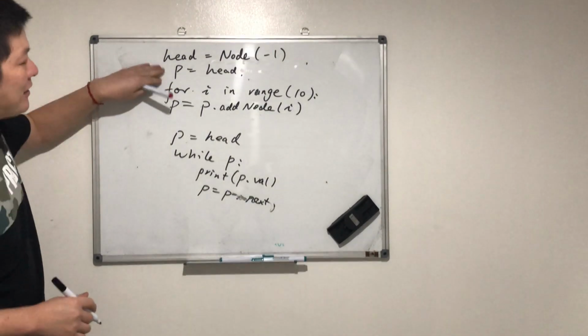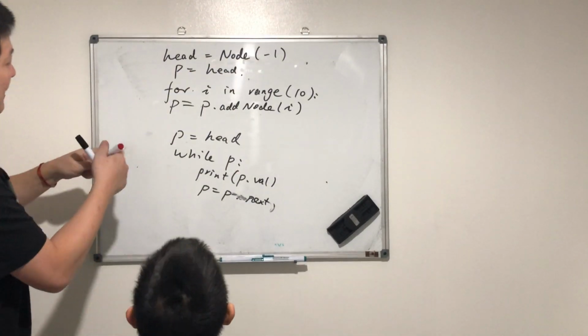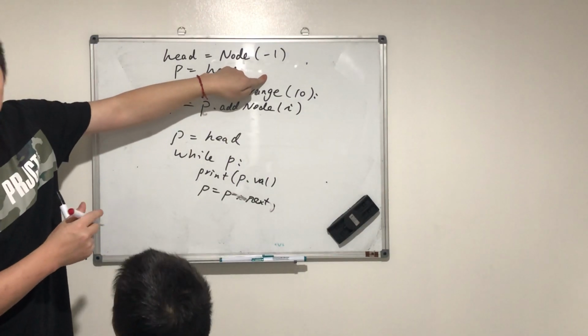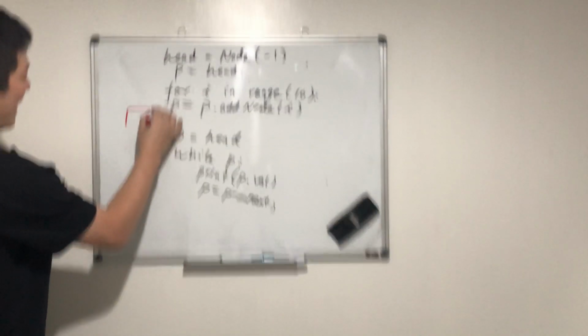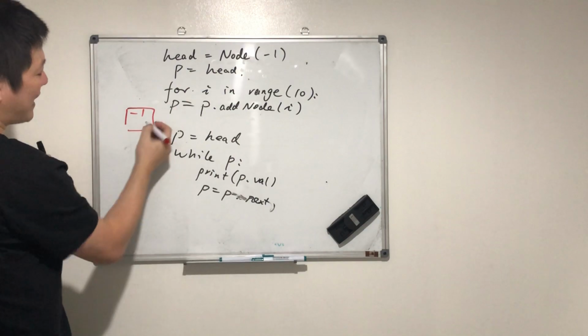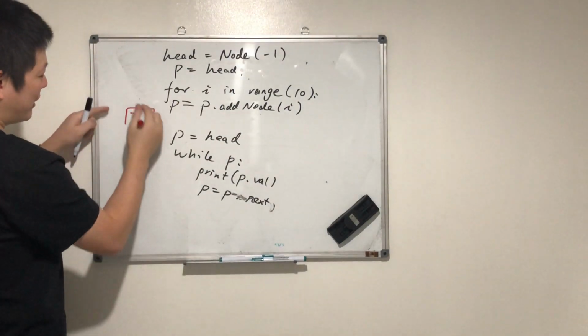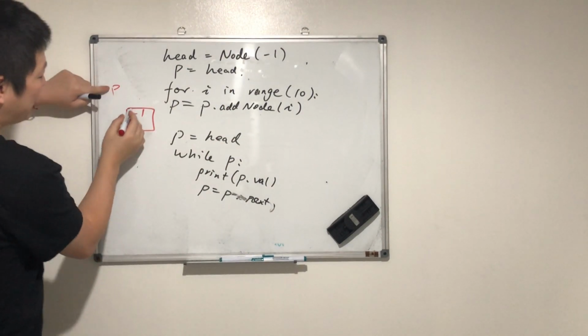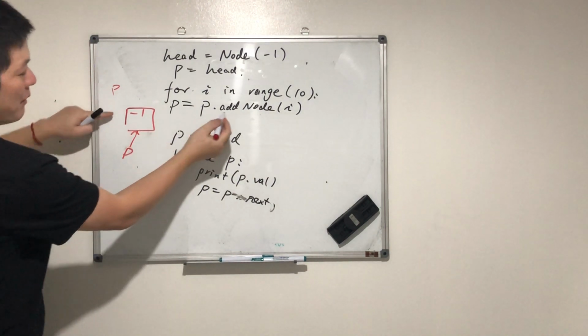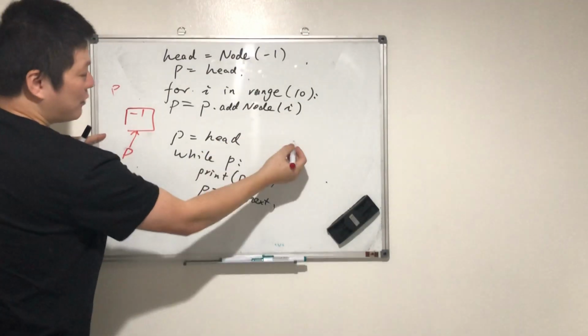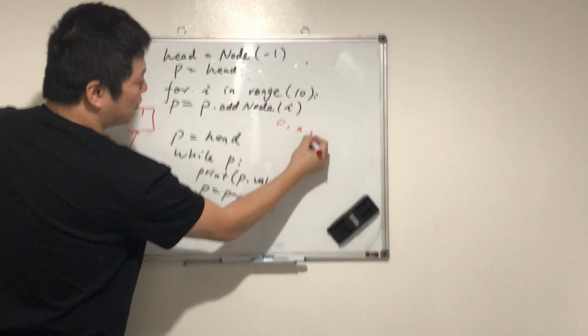Exactly. So first of all, we create a node, which is -1. But we're pointing to nothing yet. And now we save this P here, right? P is pointing to this, and then add_next(i), where i goes 0, 1, 2, 3 to 9.